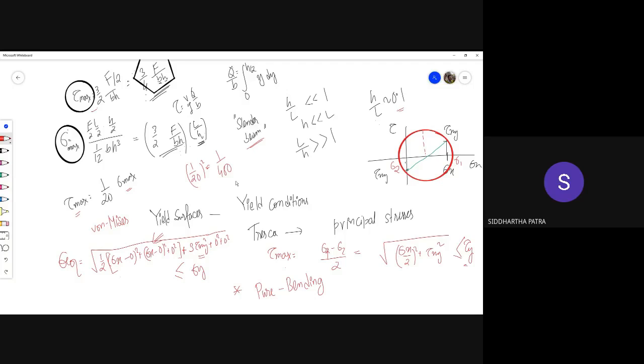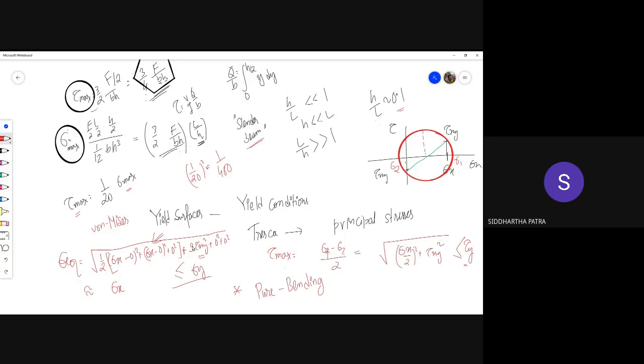This will simply help us in the mathematical part, because it makes our calculations a lot simpler. But the idea is we need to get rid of tau max from our equations. And if we do, the sigma equivalent is effectively sigma x, and that's what needs to be compared with sigma y. You understand, if this tau xy is much smaller compared to sigma x, I can simply ignore this.